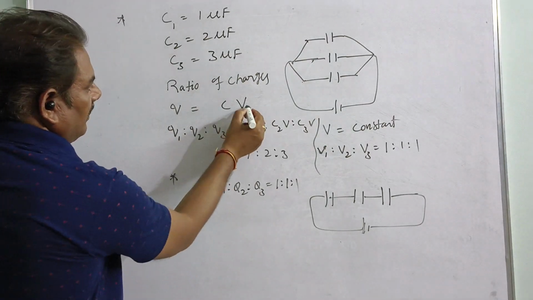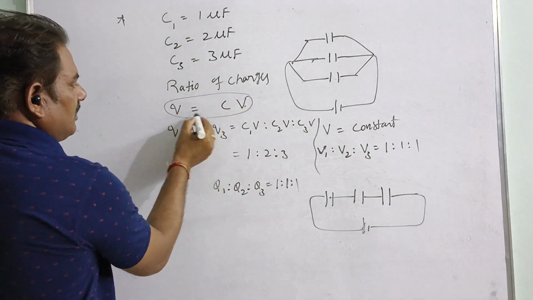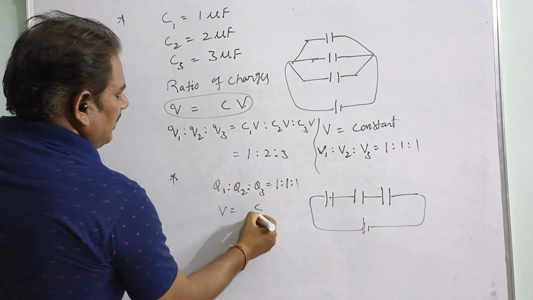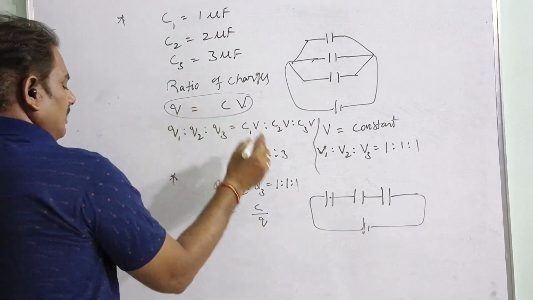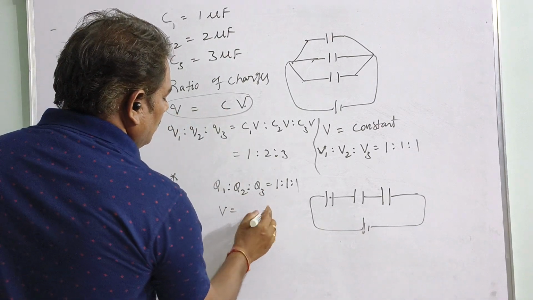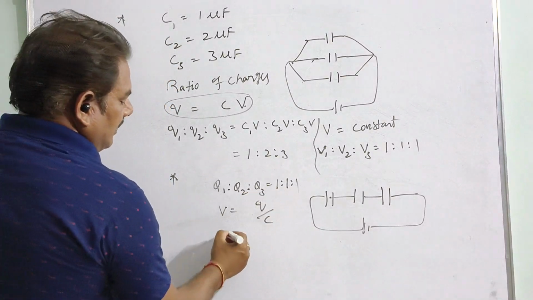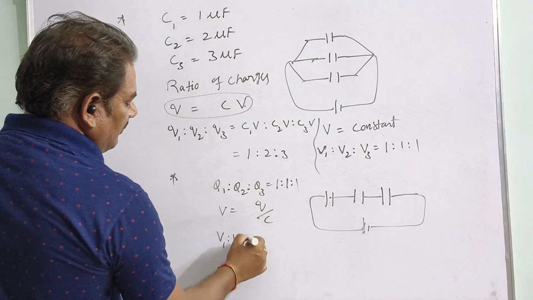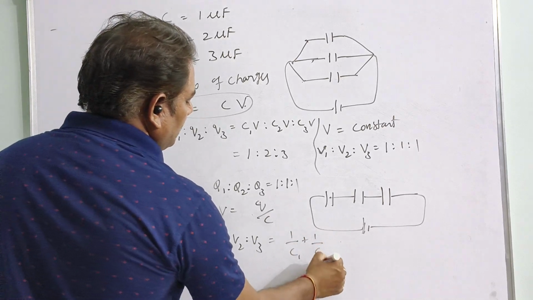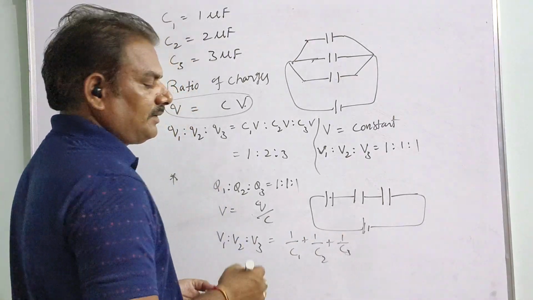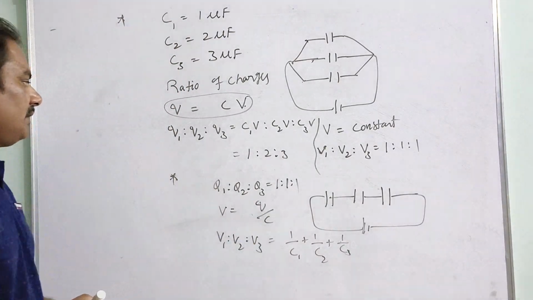So we know from this formula, potential is equal to Q by C. Since the charge is the same, the potential ratio V1 is to V2 is to V3 equals 1 by C1 is to 1 by C2 is to 1 by C3.